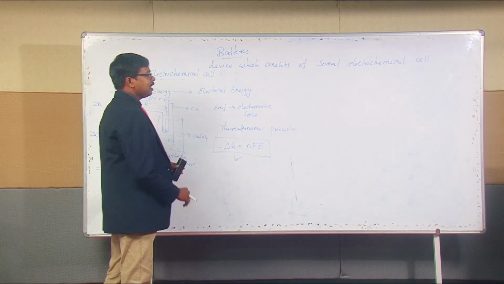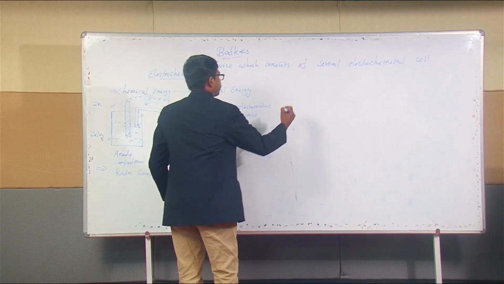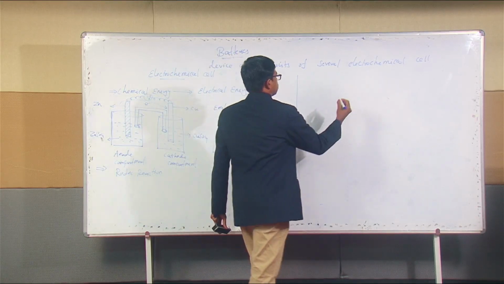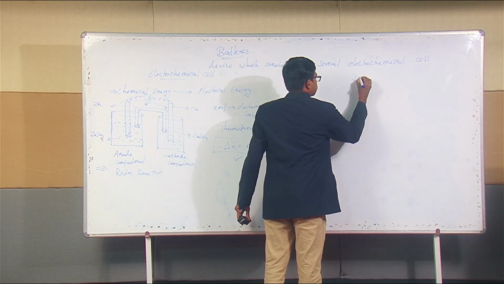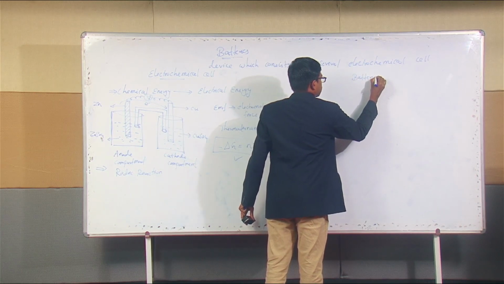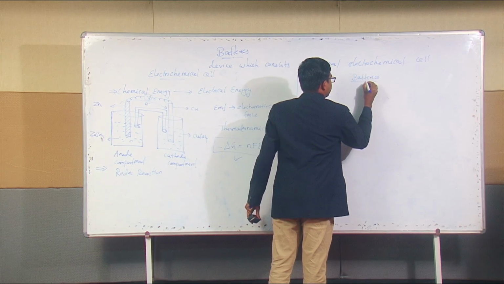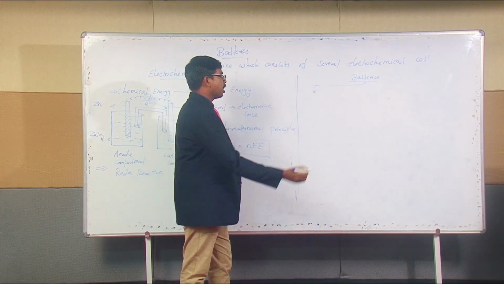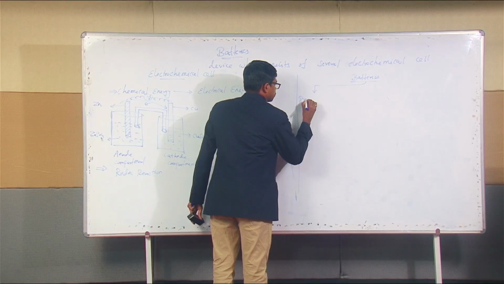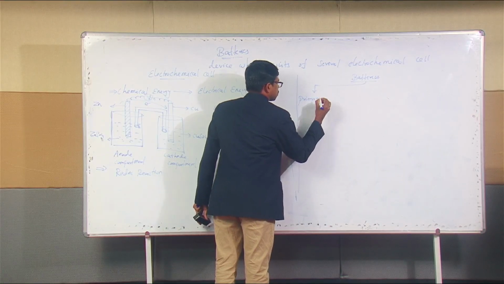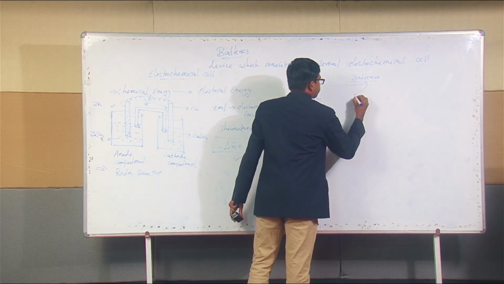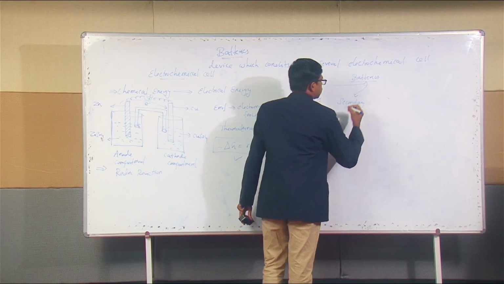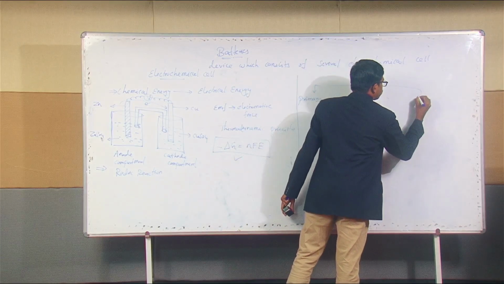Now let us discuss the different types of batteries. Batteries can be classified into three types. The first one is the primary battery, the second one is the secondary battery, and the third one is the flow battery.